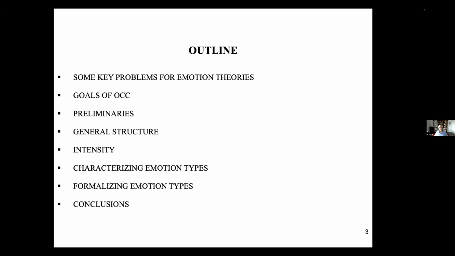Then I'll discuss the general structure of the OCC model. I'll talk about how it handles intensity of emotions, how we characterize what we call emotion types, which you might think of as distinct emotions. Then a little about how the model attempts to formalize emotions, and then I'll stop.